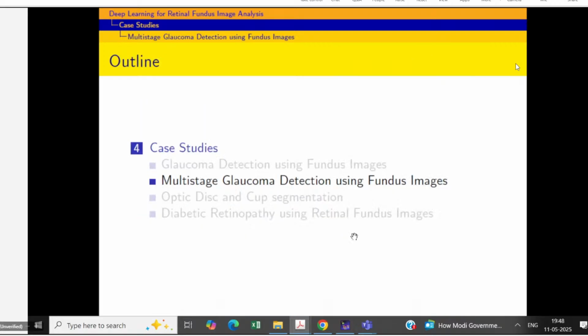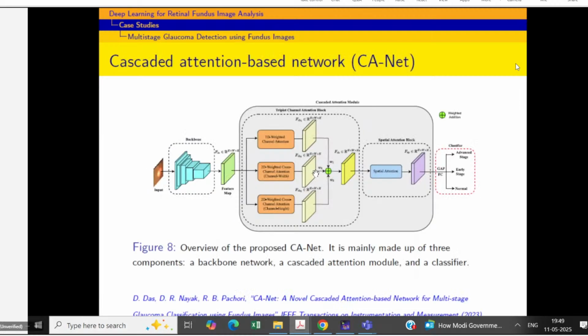That's what I've seen. So coming to some of the work which we have done on multi-stage glaucoma classification, which is a very relevant topic because our goal is to identify the multiple stages of glaucoma here. We have also proposed a few attention-based architectures, as I mentioned earlier. This is one of the architectures which we have proposed, and the paper got published in IEEE Transactions on Instrumentation and Measurement in the year 2023.